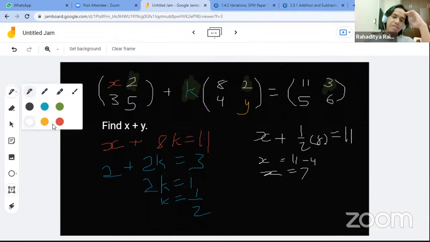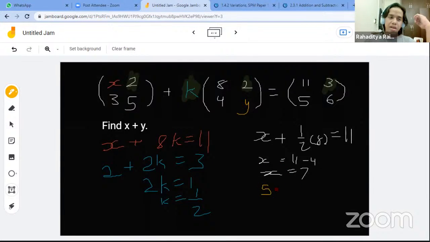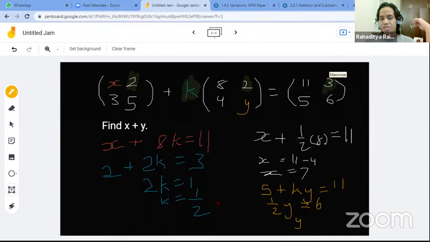Okay, and you can just do the same thing with y. I won't go too into that because this is a recap. 5 plus ky is equal to 11. k you know as 1 over 2. Then you move the 5 to the right, you get 6. Yep, that's correct, 5 plus 1 over 2y equals 6.